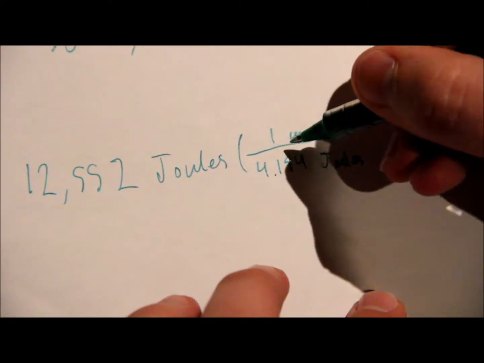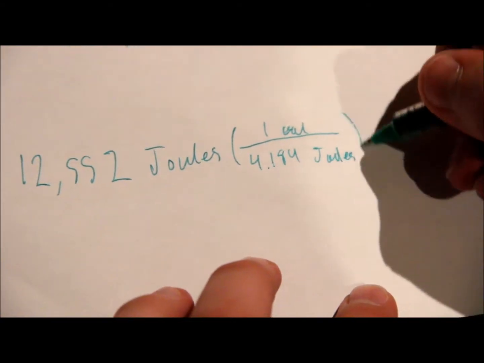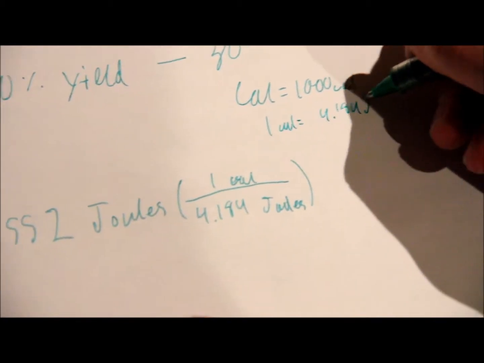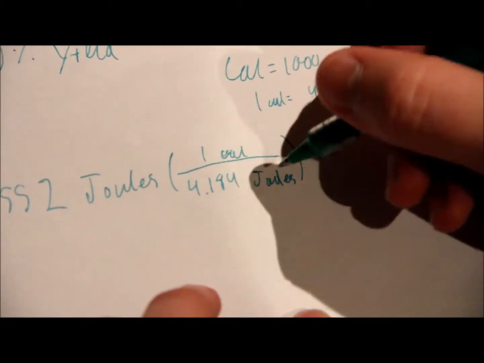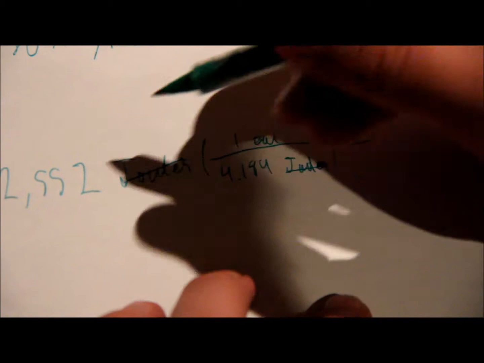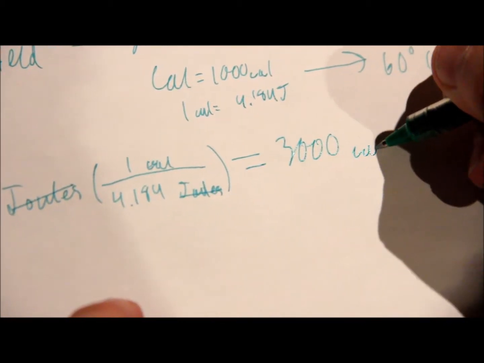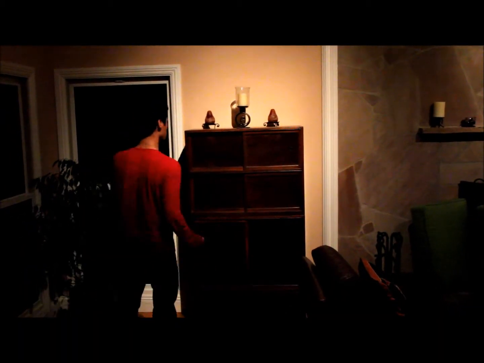Note that this is a small c. 1 calorie is equal to 4.184 joules. After this, we will have 3,000 lowercase calories.